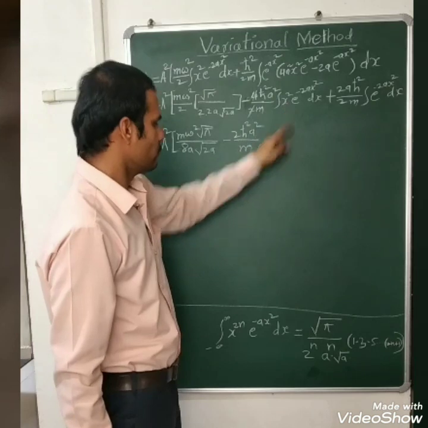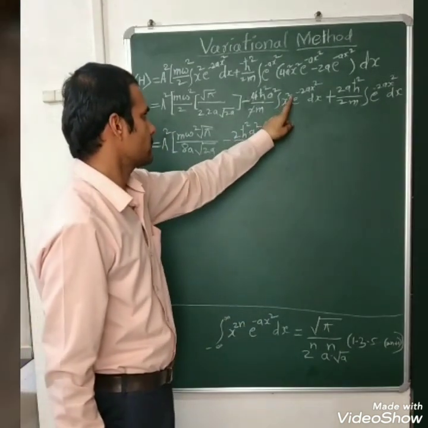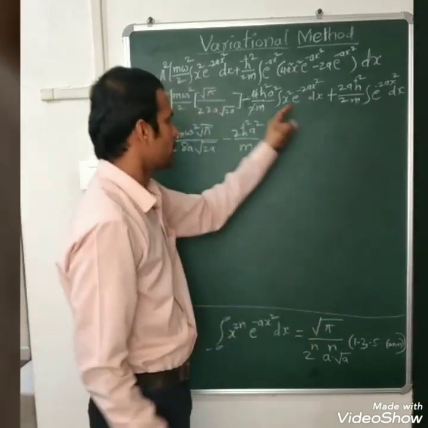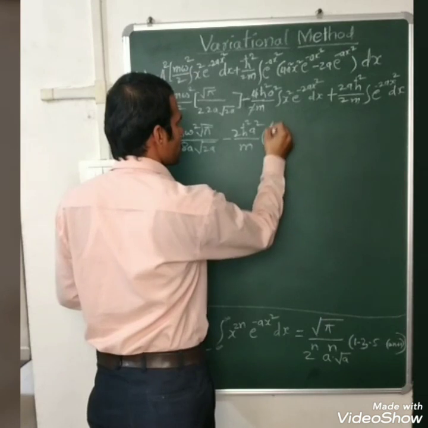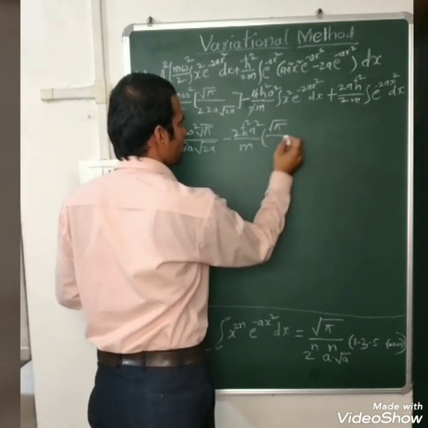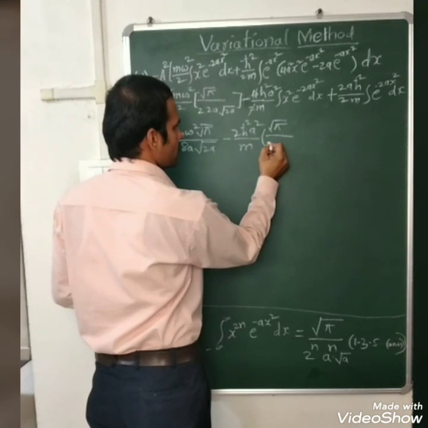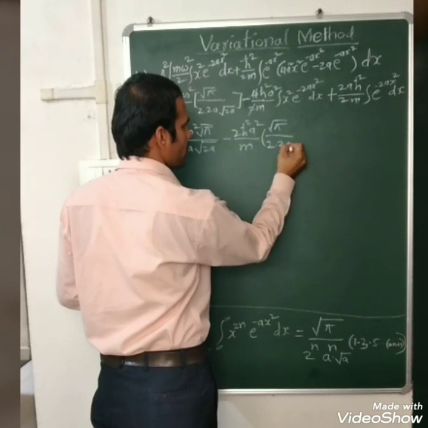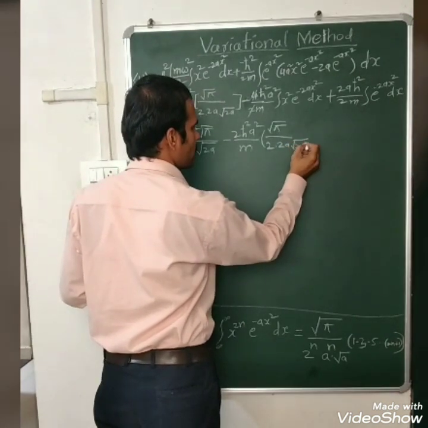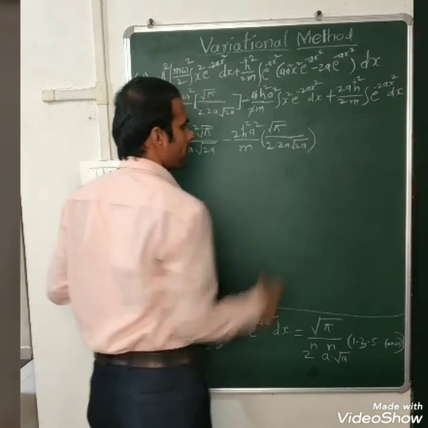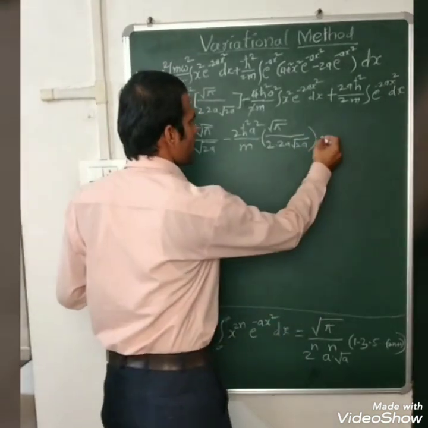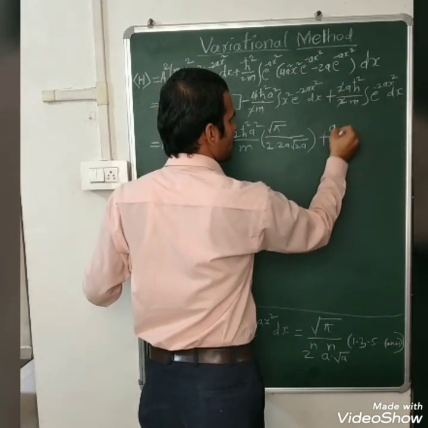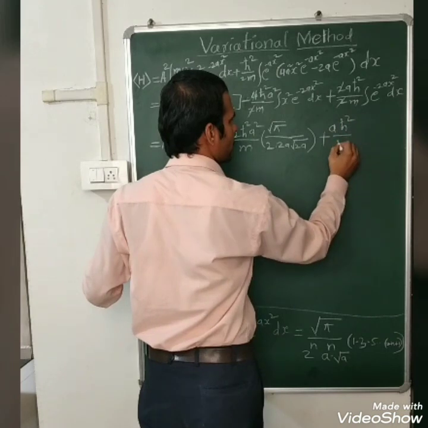Now here again we have to use this formula, x square e raised to minus 2ax square dx, and if we apply this formula here, again we get square root of pi divided by 2 into 2a square root of 2a, plus this 2 will cancel, then a h cross square by m.